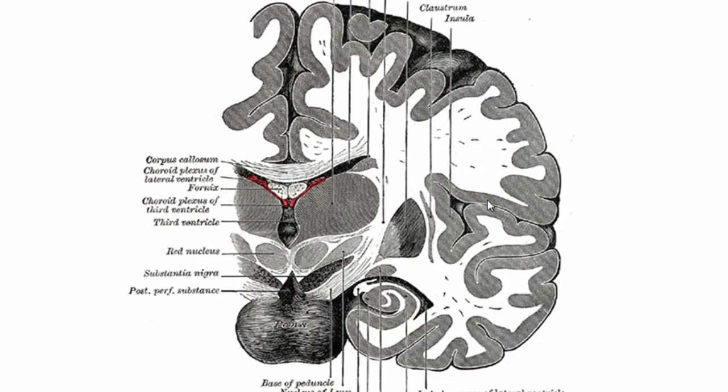So this is a coronal section, and what I wanted to show you on this slice is the cerebral cortex. So the cortex is the outer part of the cerebrum, and it is grey matter. So you can see this thin bit on the edge of the cerebrum. This is the cerebral cortex, and it consists of up to 6 layers of neural tissue.